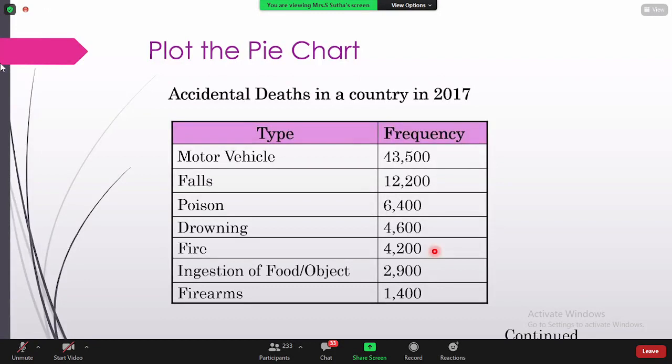The pie chart degrees, right? The angle of the pie chart. How can you calculate the angle of the pie chart? By multiplying the relative frequency by 360. Yes, the relative frequency should be multiplied by 360, right? Then you can plot the pie chart, right?